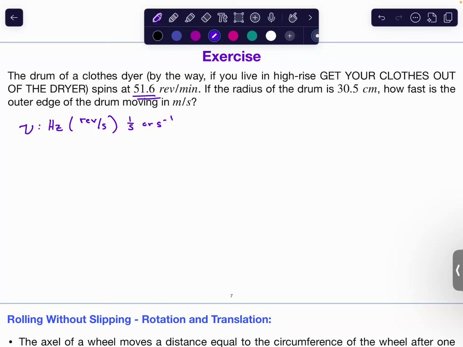So what can we do? We want this to end up in meters per second, so I know minutes has to go away. So let's take our 51.6 revolutions per minute, and in 1 minute there are 60 seconds.